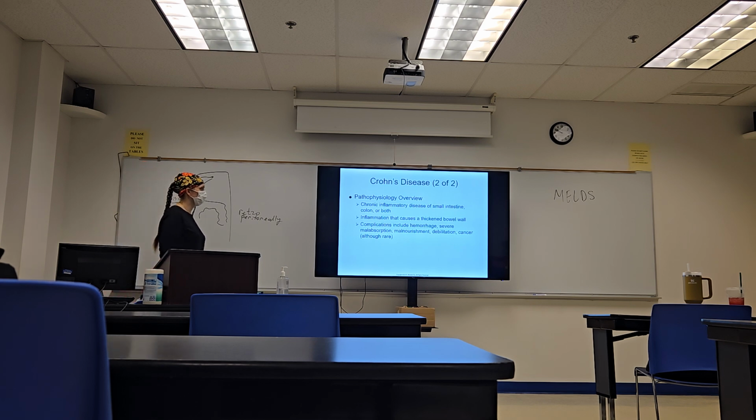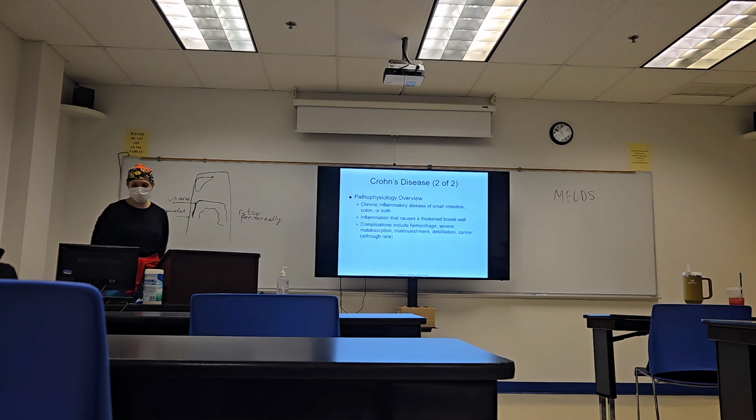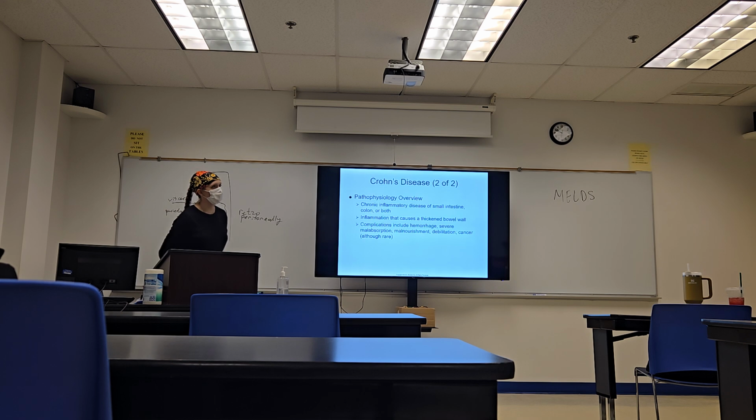So complications include hemorrhage, severe malabsorption, malnourishment, debilitation, and sometimes cancer. Now think, if ulcerative colitis, the patient has a problem with the colon, where reabsorption of fluid and electrolytes happens.